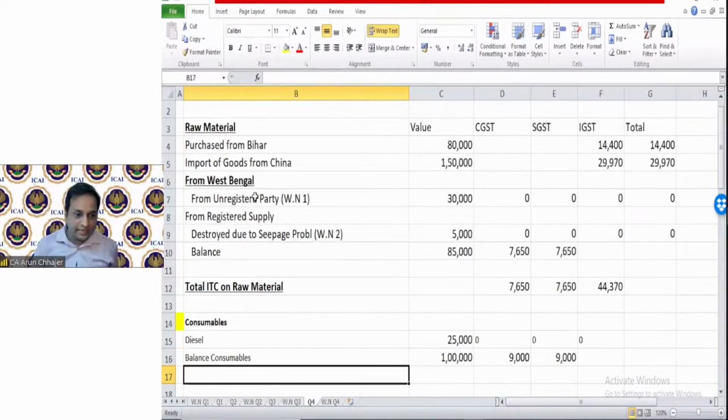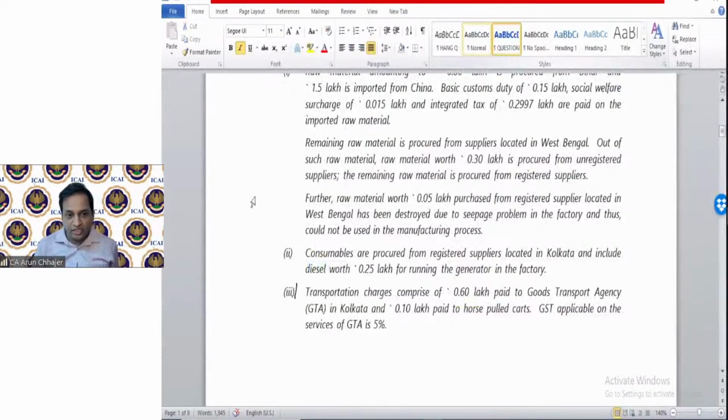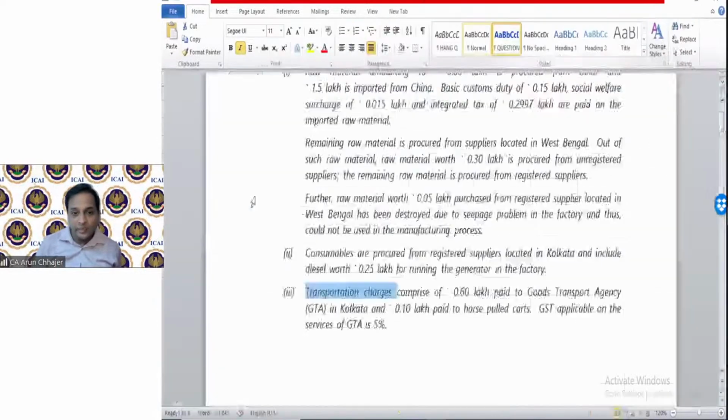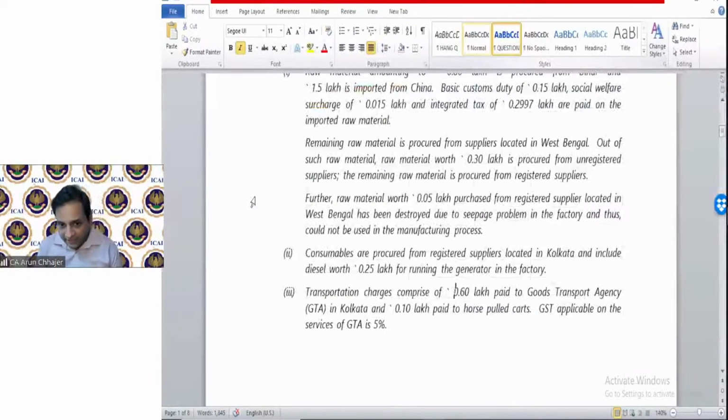So now the next item is transportation charges. They are saying it comprises rupees 60,000 paid to the GTA in Calcutta, and 10,000 paid to the bull cart. GST applicable on the GTA is 5%.